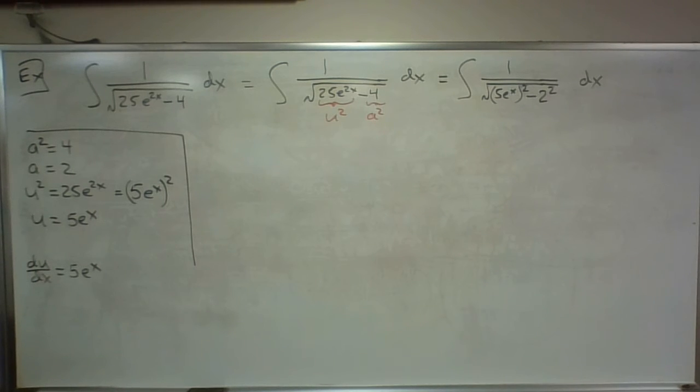Okay. du is 5e to the x dx. And 1/5 du is e to the x dx.